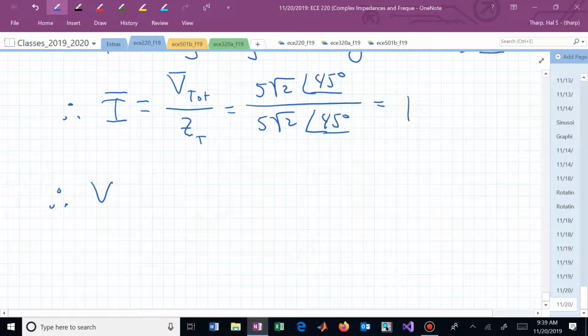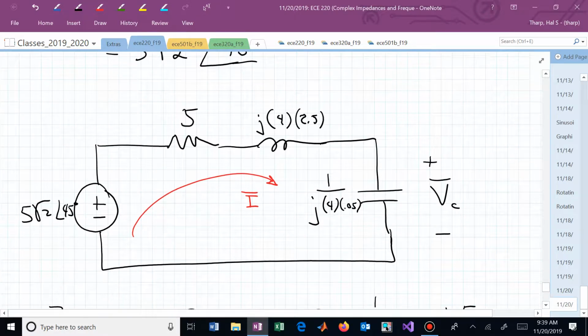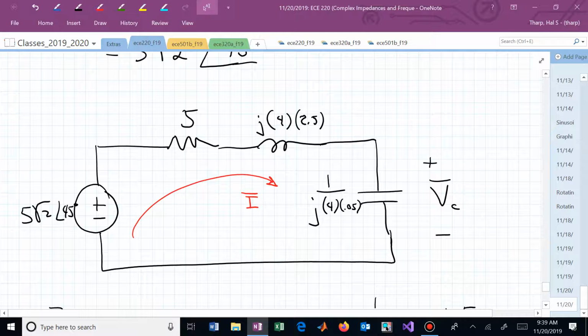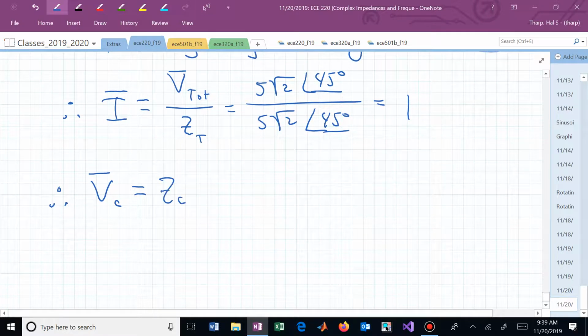Can we say anything then about the phasor voltage of that capacitor? How do we find it? That's Ohm's law in the phasor domain. That's the impedance of the capacitor times the current I. What was the impedance of the capacitor?